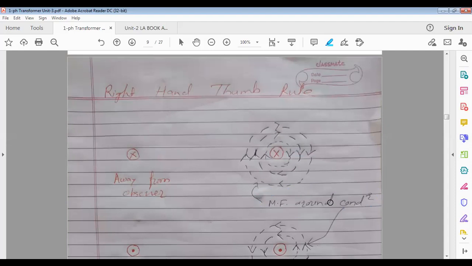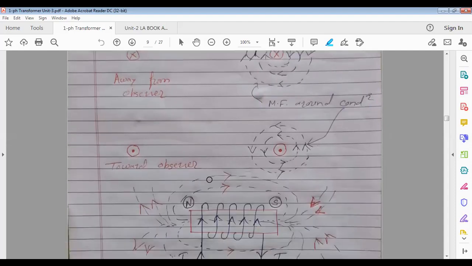Now apply the second one. Consider the conductor is carrying current toward the observer, that is, toward you. So apply the right hand thumb rule here. Again point the thumb toward you and then wrap the fingers. In which direction are you wrapping the fingers? Anti-clockwise. Correct.